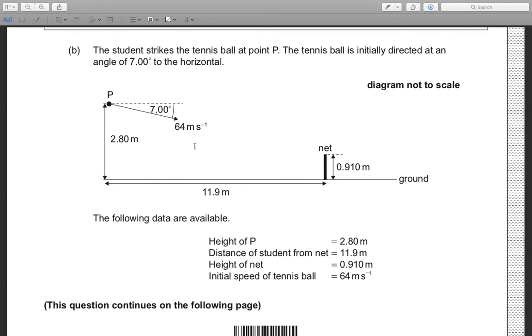The data: height of P is 2.80 meters, initial velocity 64 meters per second, angle to the horizontal 7.00 degrees, the net is at height 0.910 meter above the ground, and the horizontal distance to the net is 11.9 meters.